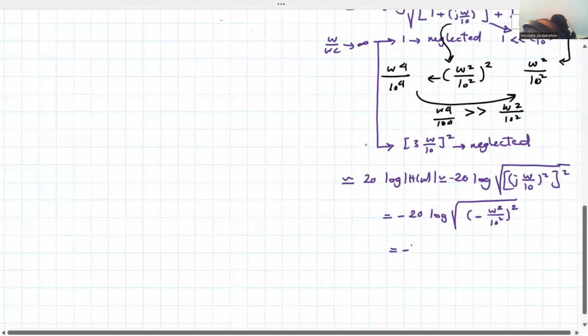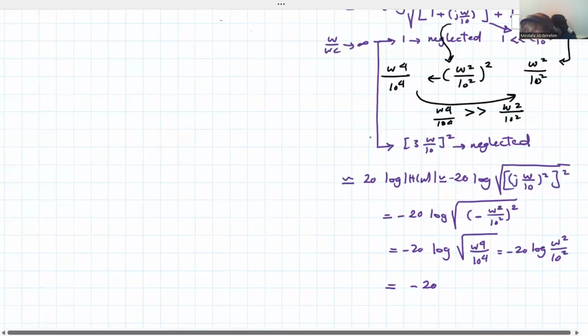So that's equal to minus 20 log square root of 10 to the power 4 over 10 to the power 4 log omega square over 10 to the power of 2. Again, that's equal to minus 20, I'm sorry, minus 40 log omega over omega c, which is 10.